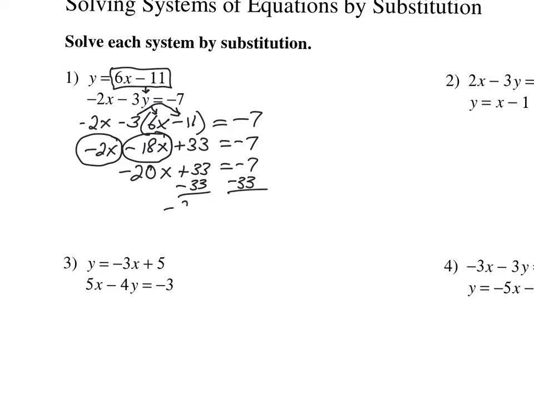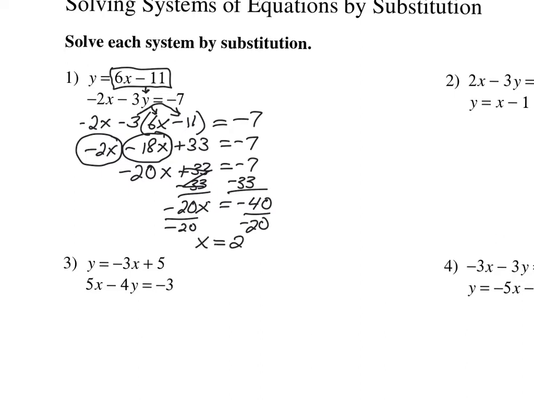When I do that, I have negative 20x because these zero out, and that's equal to negative 40. 33 plus 7 is 40. Again, when you have like signs, you keep the sign and combine. And then we simply divide by negative 20. So x is equal to positive 2.